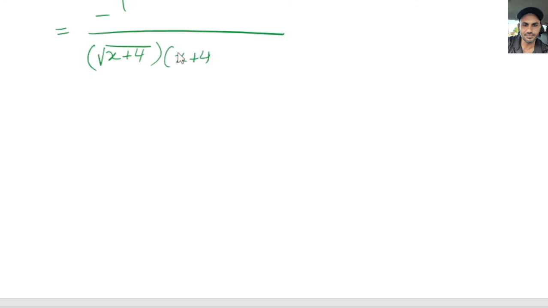Okay, so this is equal to negative 1 on the top in the numerator, and in the denominator we have square root of x plus 4 times square root of x plus 4, once the h term becomes 0 as h goes to 0, and then we have square root of x plus 4 plus square root of x plus 4.